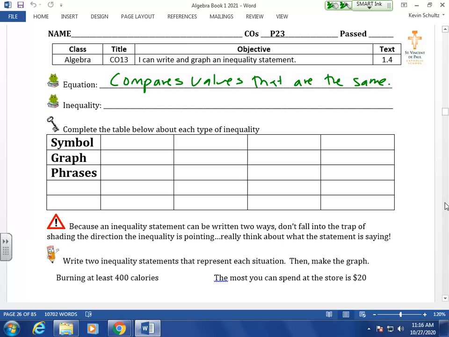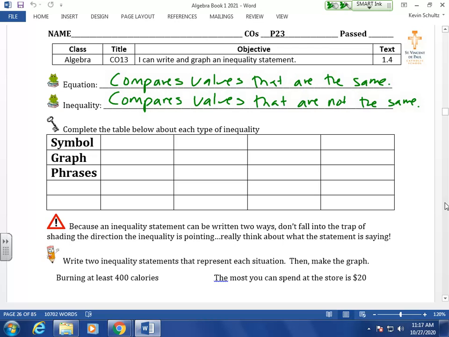And so an inequality, Gabby, compares values that are not the same. And if we're comparing values that are not the same, that brings up a whole slew more options.